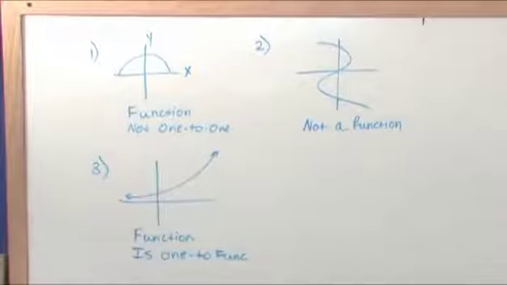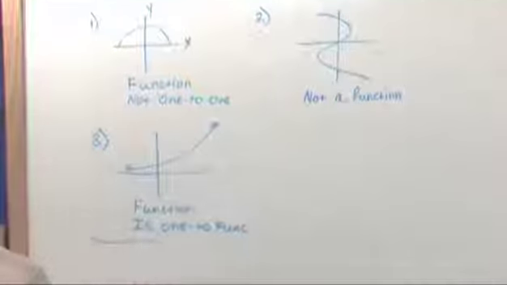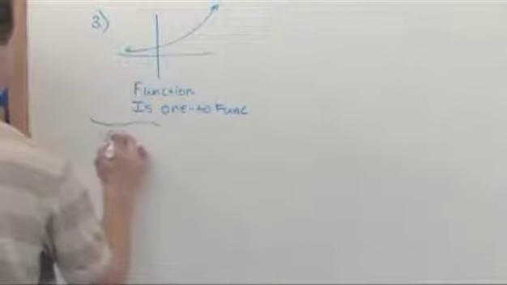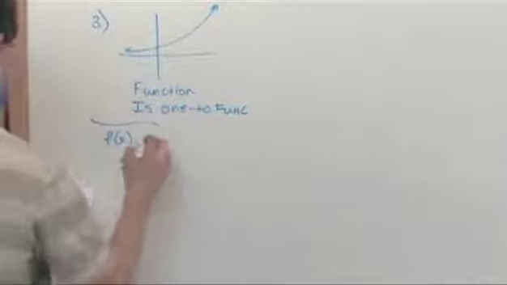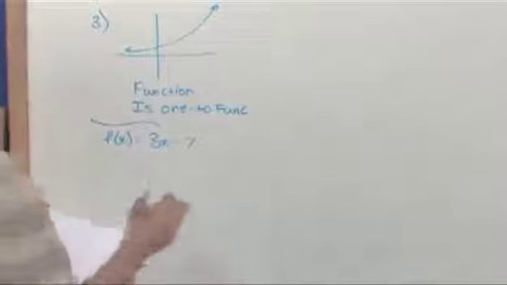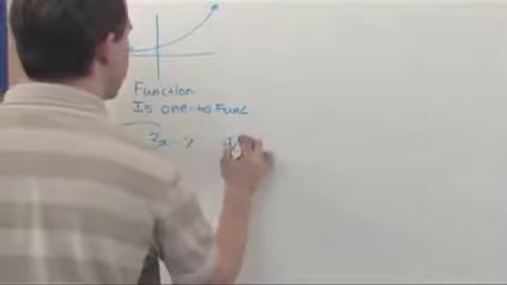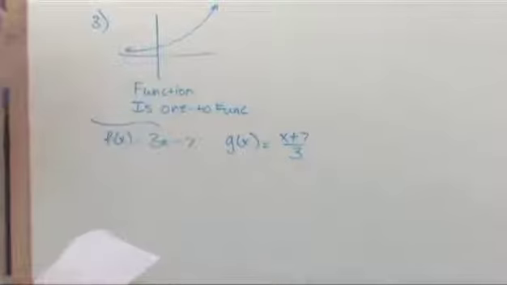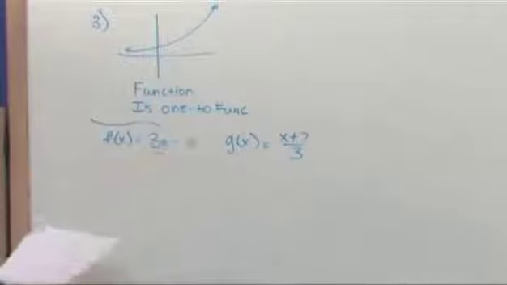Okay, so the next problem we're going to do says show that these two functions are inverses of one another. So if I have f of x is equal to 3x minus 7, and g of x is equal to (x plus 7) over 3, what I'm trying to do is prove that these are inverses of one another.